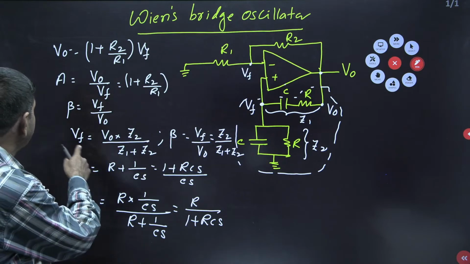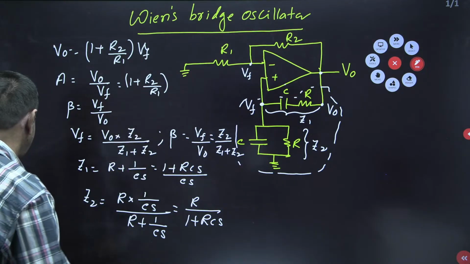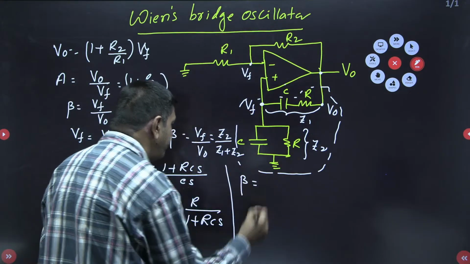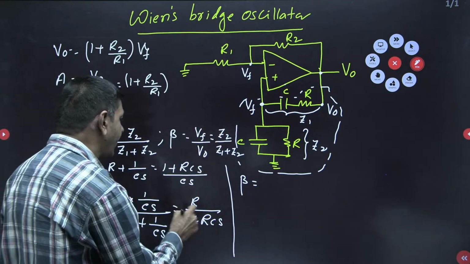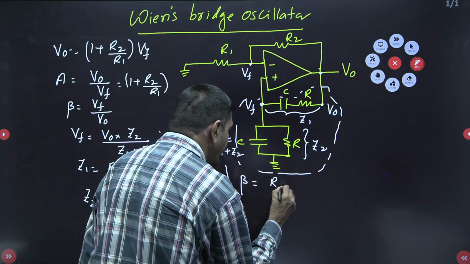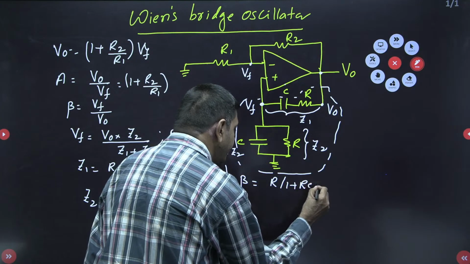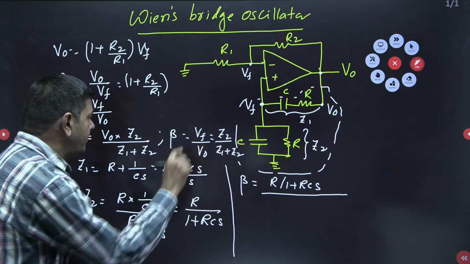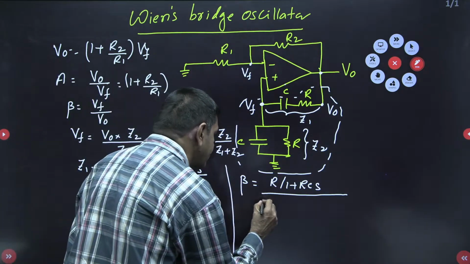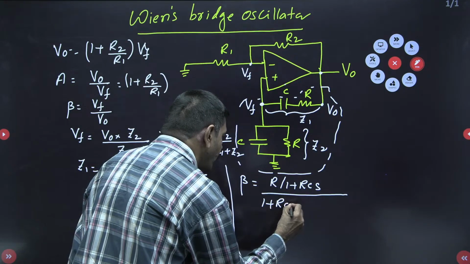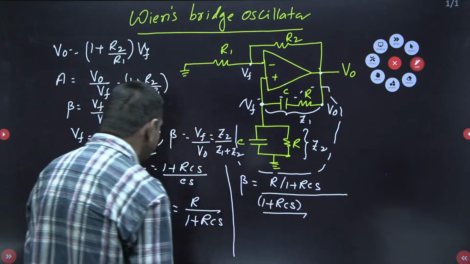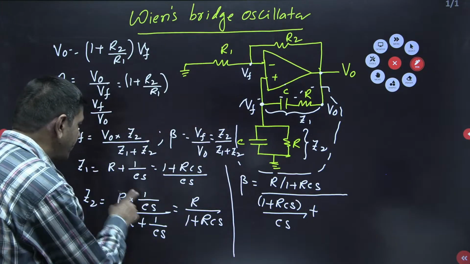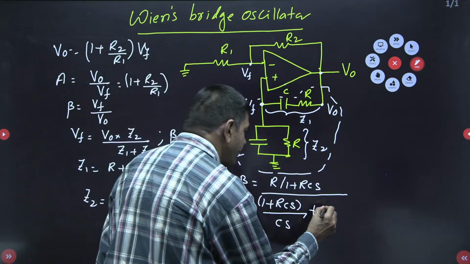Now I want to find the beta value. Beta equal to Z2, which is R by 1 plus RCs, divided by Z1 plus Z2. Z1 is 1 plus RCs divided by Cs, plus Z2, R by 1 plus RCs.